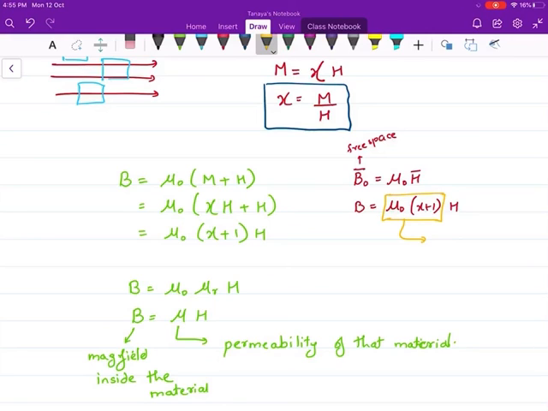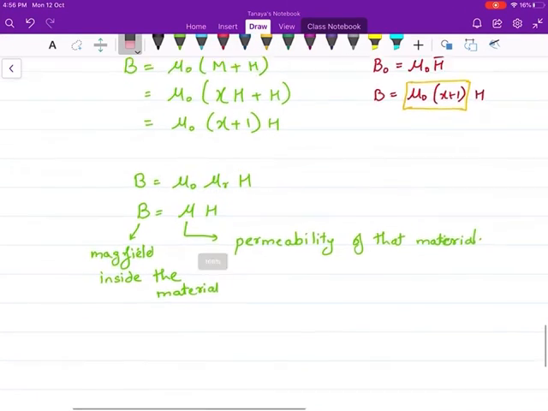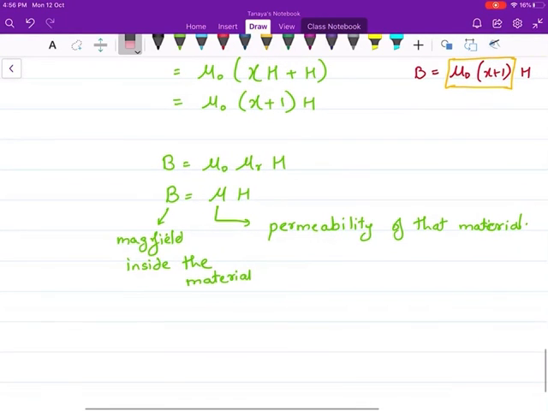The magnetic field inside the material is equal to the permeability of that material into H. So when I get B is equal to mu into H, this mu is the permeability of that material. And what is that giving us? The magnetic field inside that particular material.